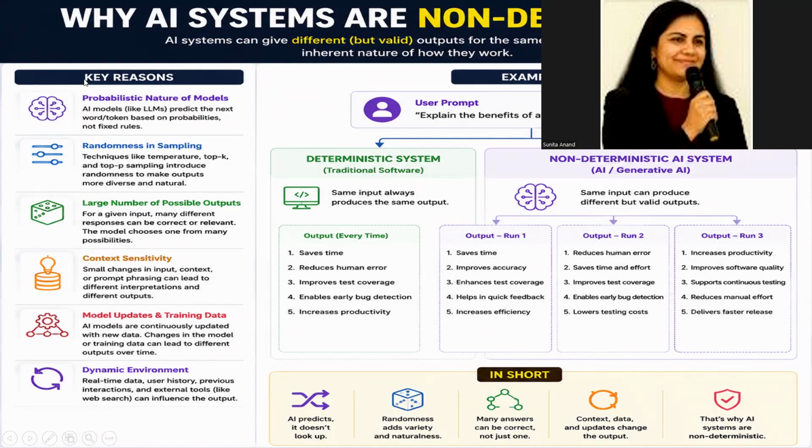On this side, we see the different key reasons why AI systems give a non-deterministic output. It has a probabilistic nature of models. These chatbots, chat agents, AI agents are all built on a probabilistic nature. That is, it gives us a range of outputs, either yes, no, true, false.